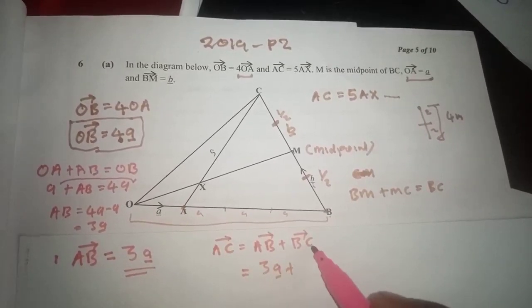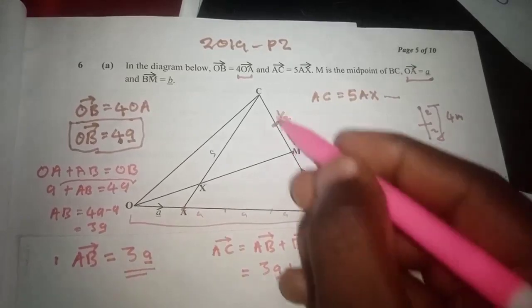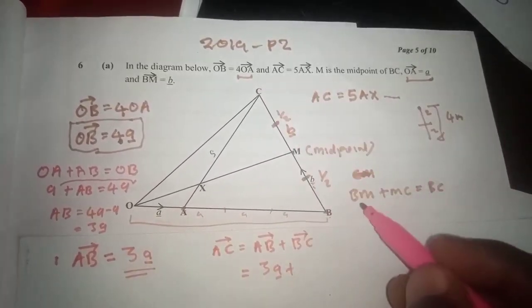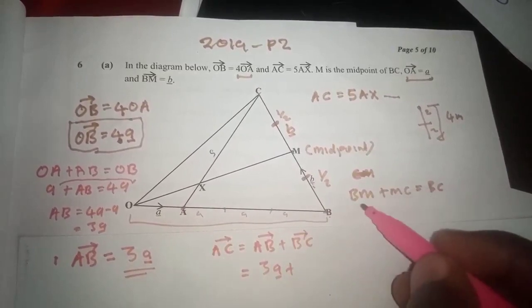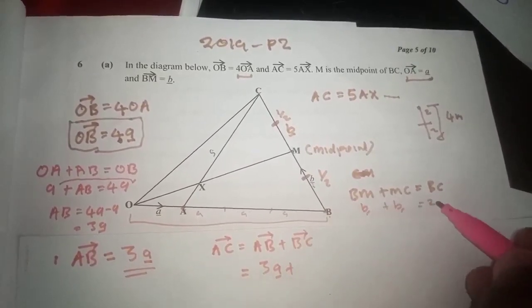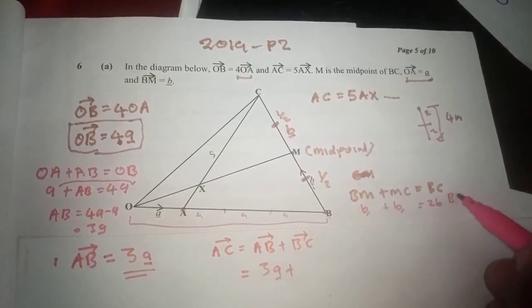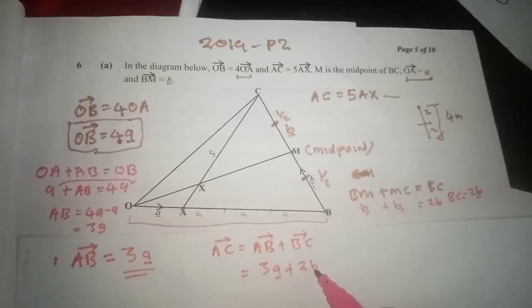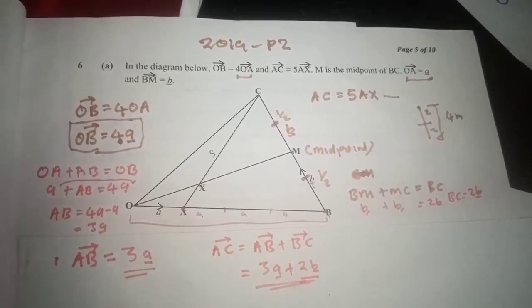What is BC? We said BM plus MC is BC, so B plus B gives us 2B. So BC is simply 2B, and you're done.